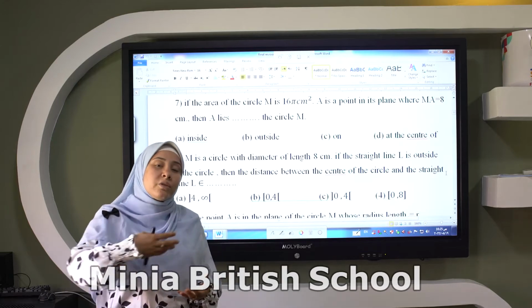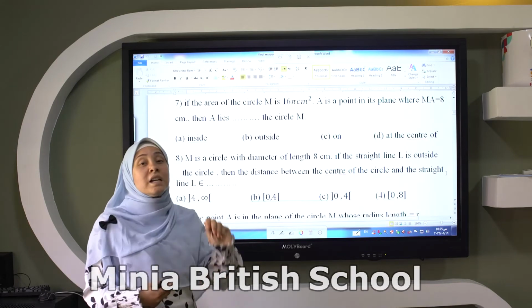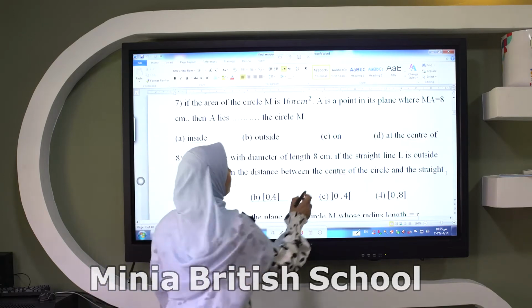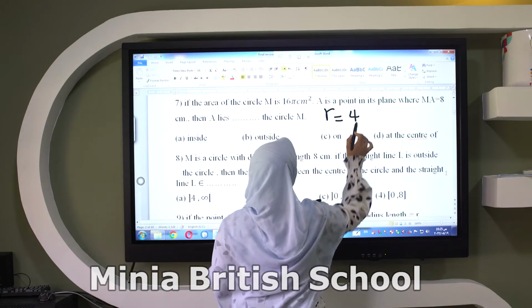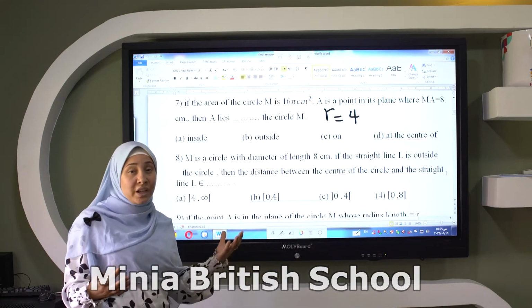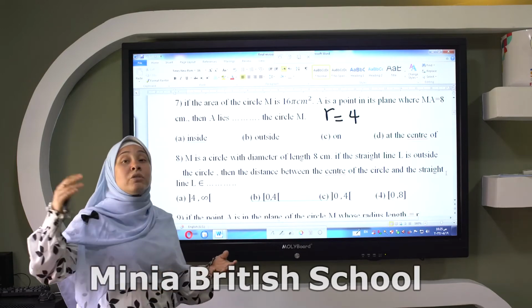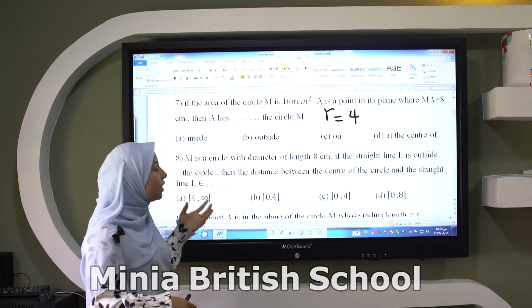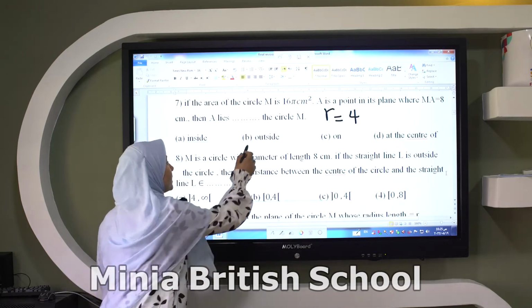You can find the length of the radius from the area of the circle. So the length of the radius equals 4 centimeter. Then compare the length MA and the length of the radius. MA is greater than the length of the radius, then this point lies outside the circle.